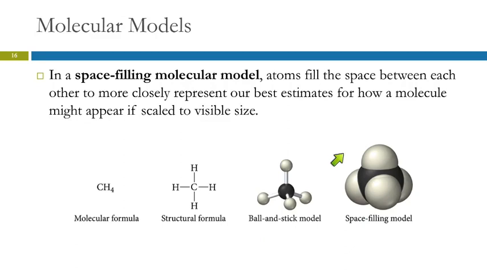This is a space-filling model, which is more closely representative of the actual shape of the molecule. I would encourage you to think of atoms in this way because it's easier to get our minds around, and it's clearer to look at a model like this.